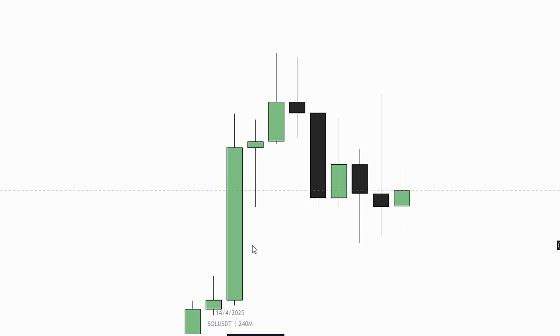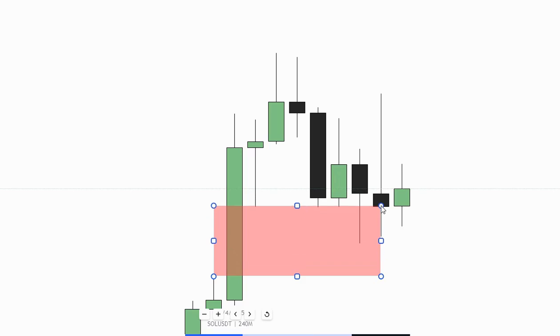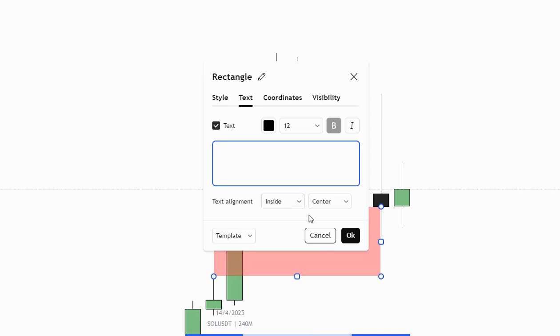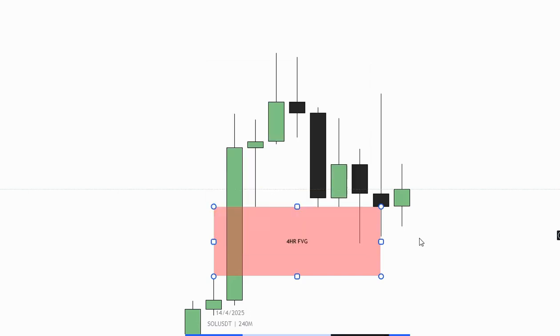That being said and done, let's dive into this chart here. So clearly we see a 4-hour FVG. Now when price is filling this FVG, remember I took out the short-term low there.